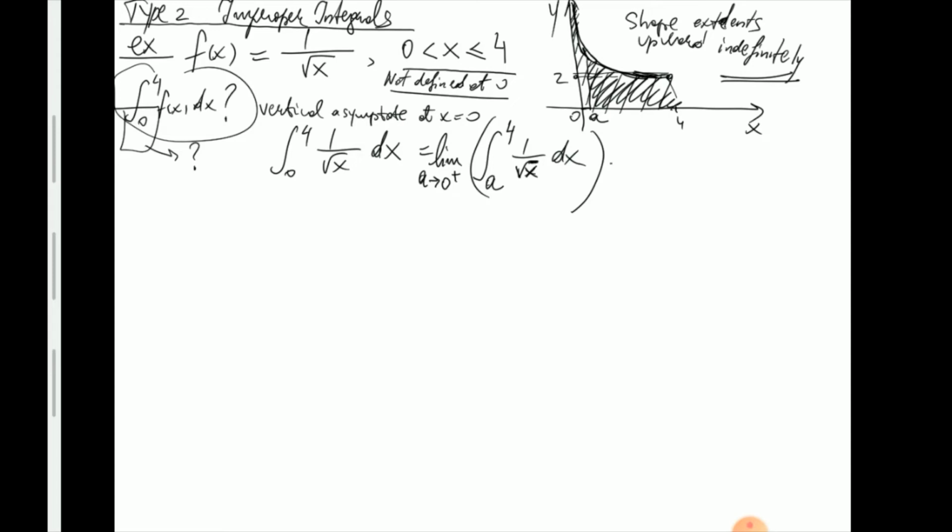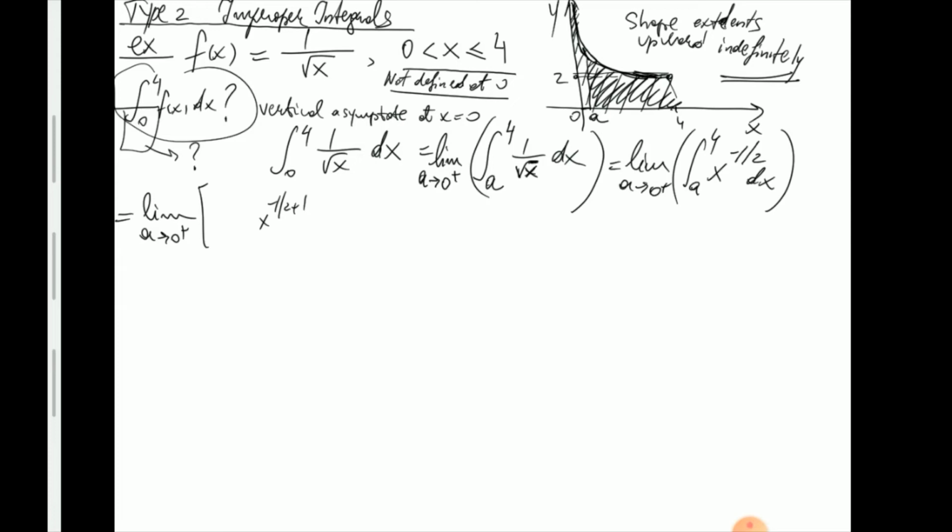So let's do just like before that integral. This is purposely chosen to be easy to integrate, right? So that's going to be a power, x to the minus 1/2. And let's see, the integral is x to the minus 1/2 plus 1 over minus 1/2 plus 1.